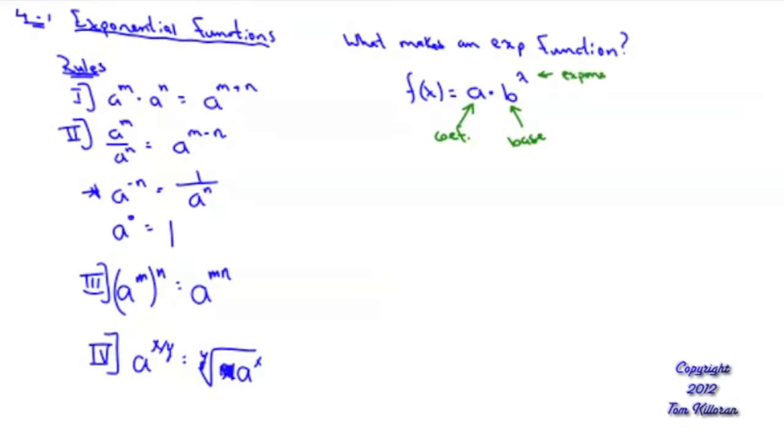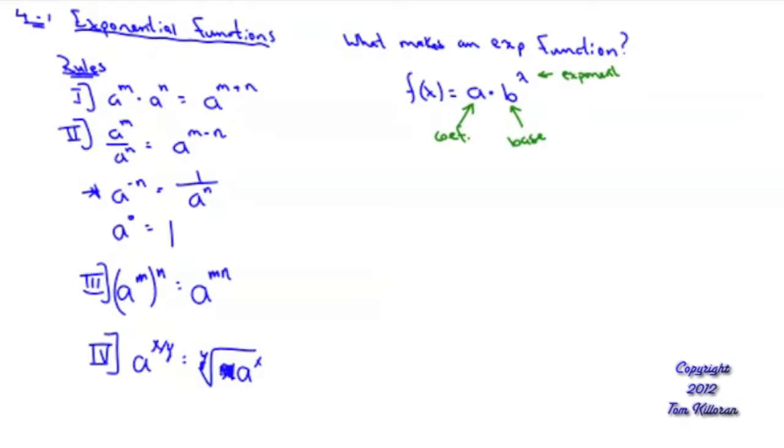Now, when we set up these functions with a variable x, we assume that x can be any real number. So x is going to range from negative real numbers, 0, positive real numbers.